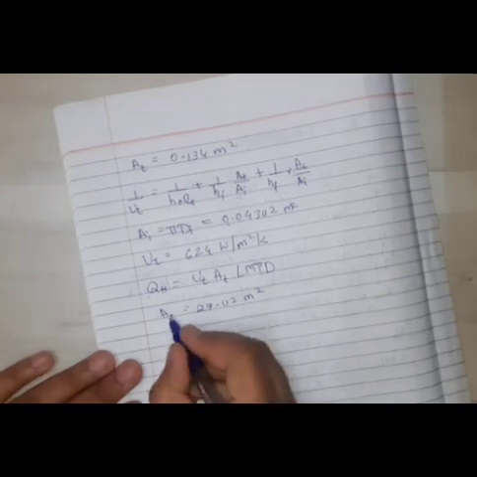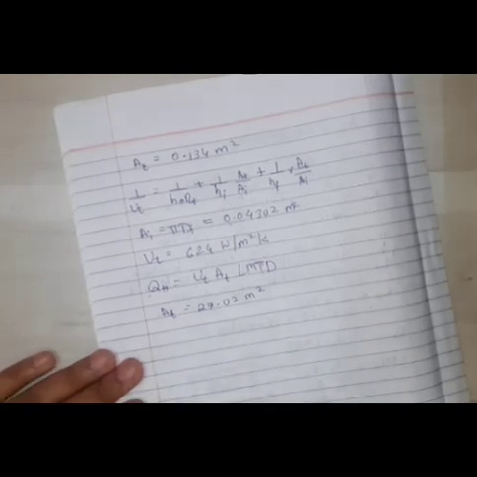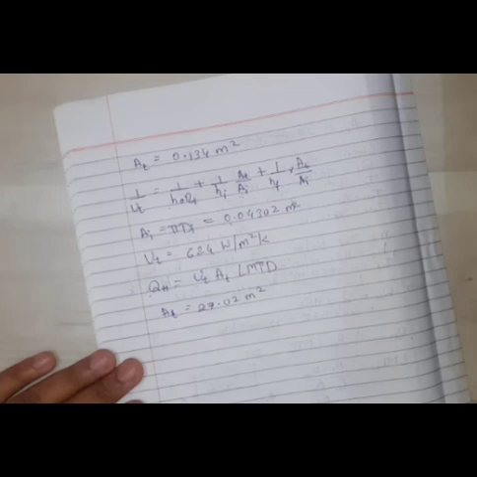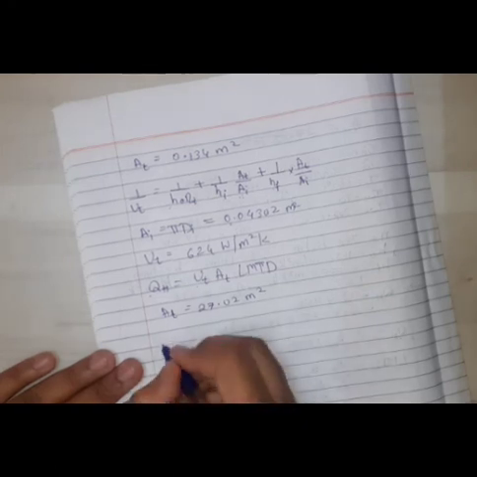Now we are supposed to find the tube length, and that is again for the plain tube length. So we must know the outer area.